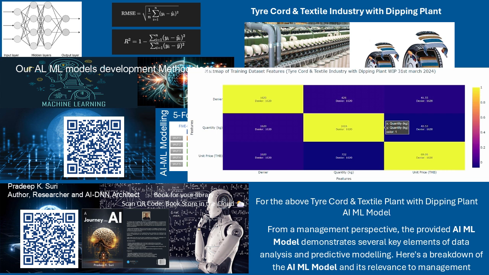Let's explore returns to scale. Returns to scale refers to how output changes when all inputs are increased proportionally. Types of returns to scale. Increasing returns to scale: output increases proportionally more than the increase in inputs. This often occurs due to specialization, technological advancements, or economies of scale.